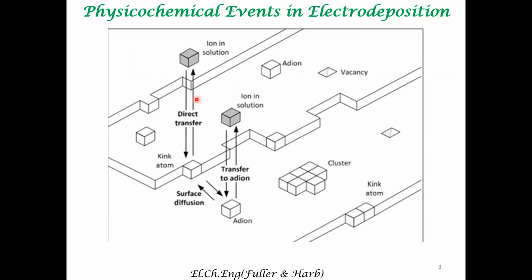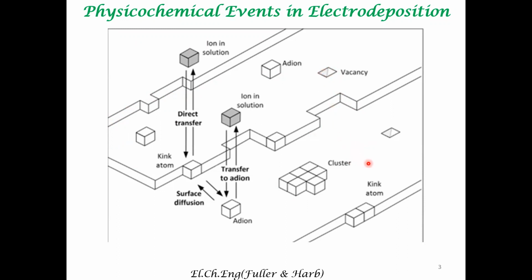So what are we seeing here? We are looking at an electrode surface with different structural features. The electrode surface may have a vacancy, which is a missing atom on a flat surface.